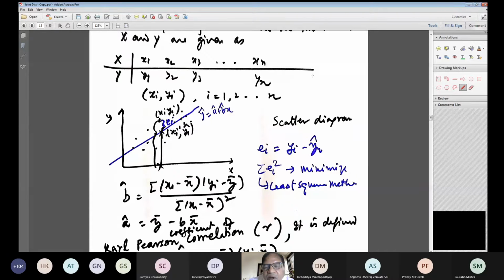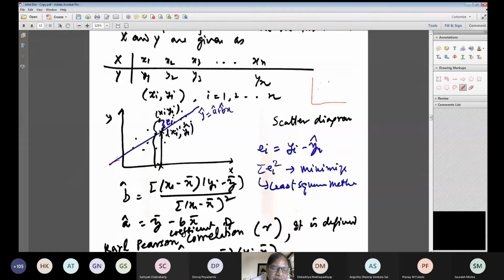You can just plot some point here, some point here, like that. Okay, so these dots indicate the points. Now our objective is to fit a line. So with the help of this data, we have to fit a line.